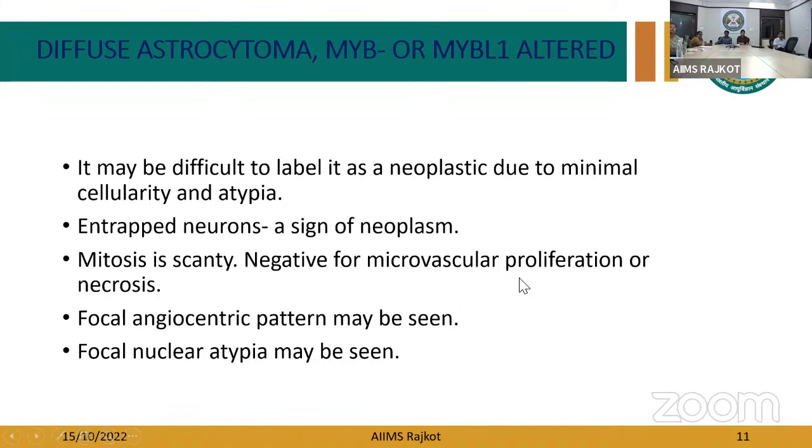It means we cannot designate it as a neoplasia because of minimal cellularity and atypia. But a focus of entrapped neurons is a sign of neoplasm. Mitosis is minimal, and a focal angiocentric pattern may be seen. It means angiocentric glioma and MYBL1 altered tumors can both show overlapping morphology.